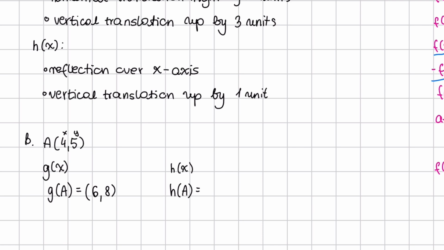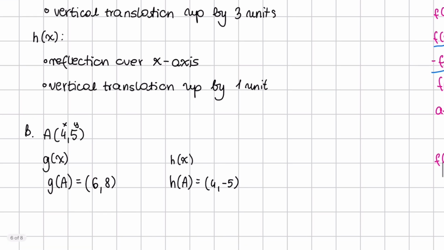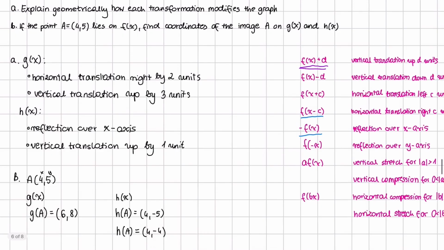So only y changes the sign, so we will have (4, −5) after the first transformation, and then we have a vertical translation up by 1 unit. So vertical translation up corresponds to y, so we add 1 to our −5. So our final answer will be (4, −4).